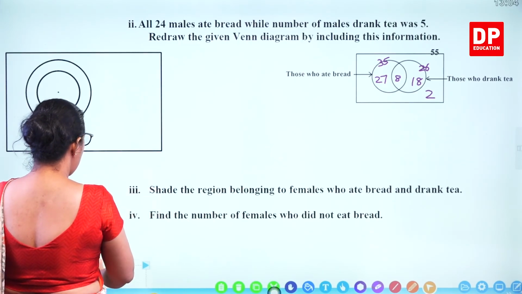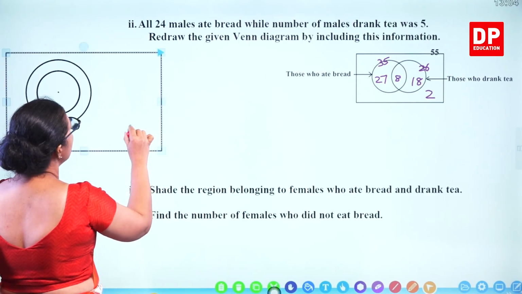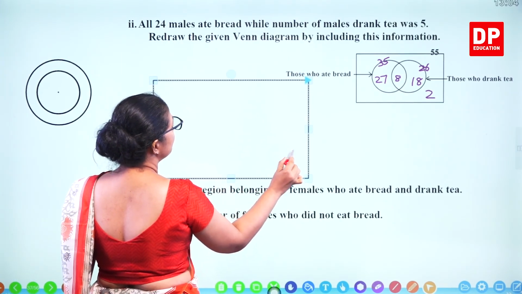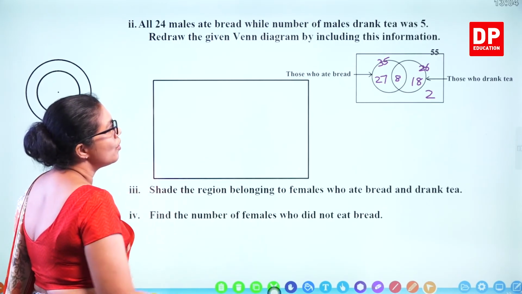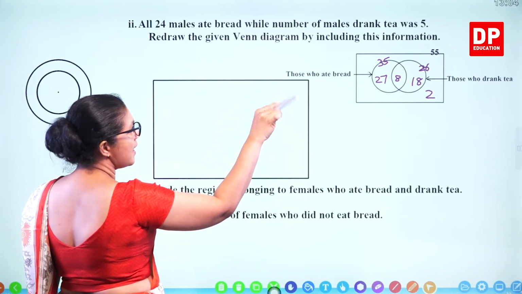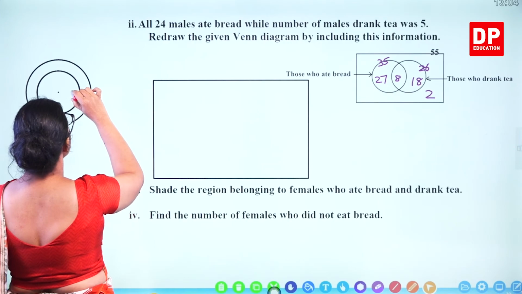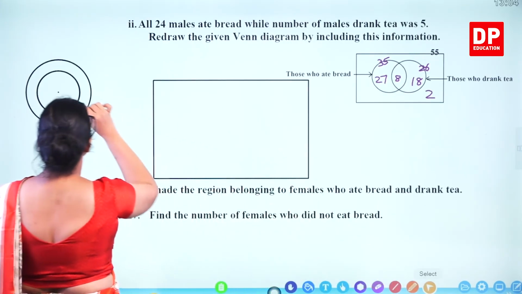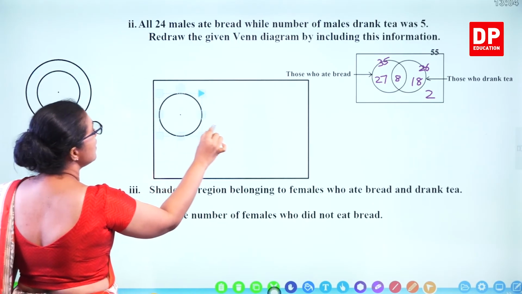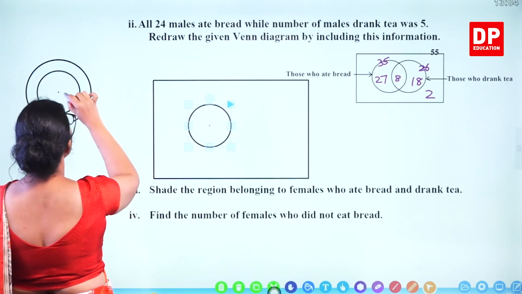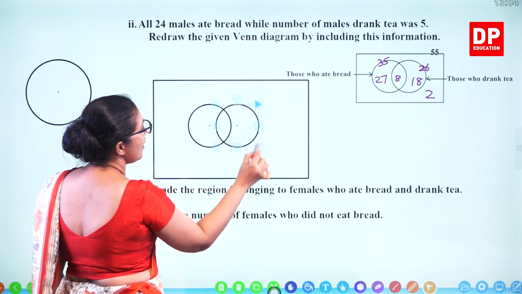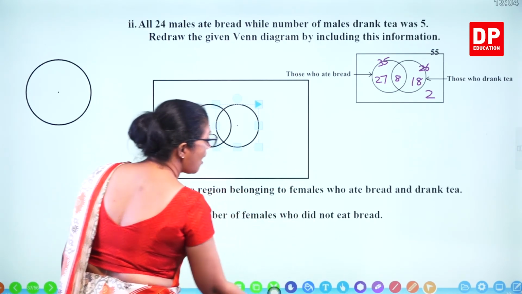We can take the rectangle first, and then the 2 circles. This was before like this. Now read it carefully.